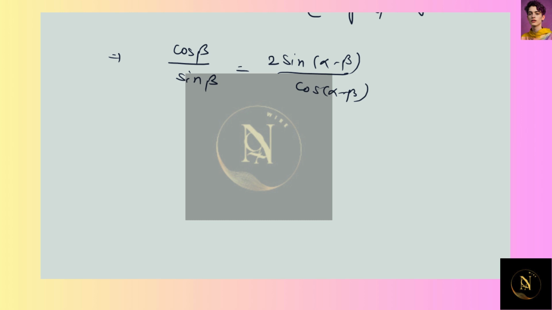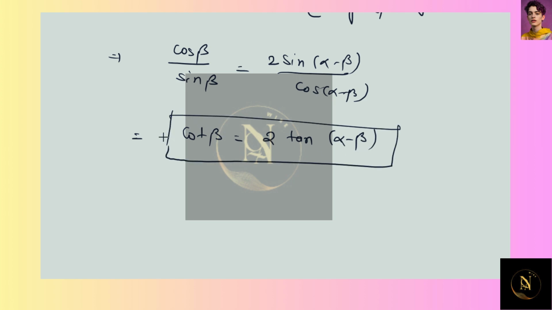So finally this equals cot beta, which is equal to 2 times tan(alpha minus beta). So this is the answer to our given question, and the correct option is option B. Thank you.